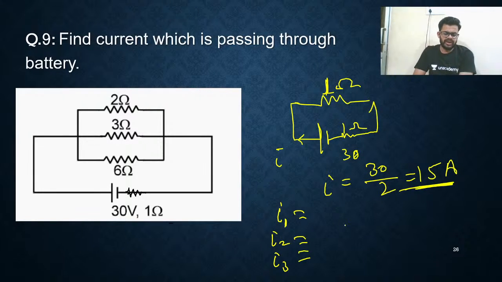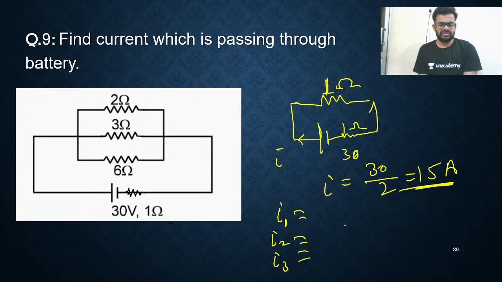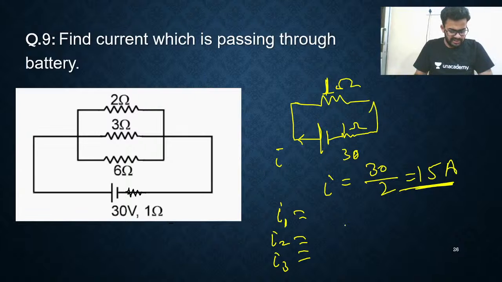I1 means current passing through 2 ohm, I2 current passing through 3 ohm, I3 current passing through 6 ohm. Come on, do it fast. Waiting for your answers. 7.5, 5, 2.5. Okay, very good.